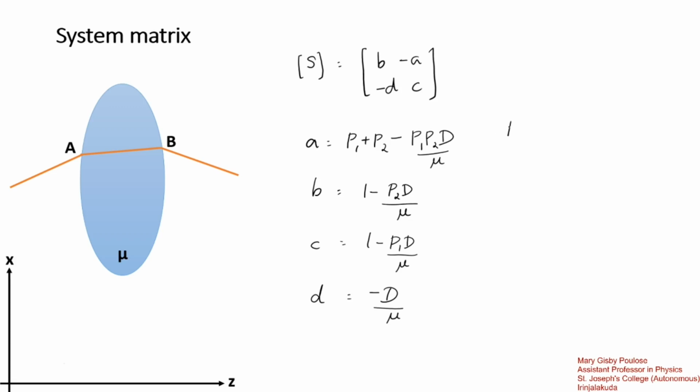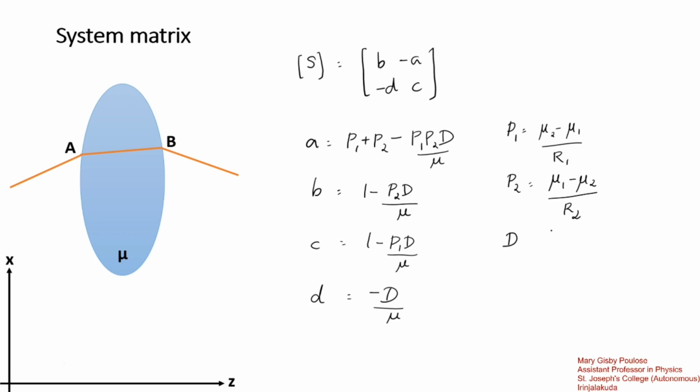Here, P1 is given as mu2 minus mu1 by R1. P2 is given as mu1 minus mu2 by R2.